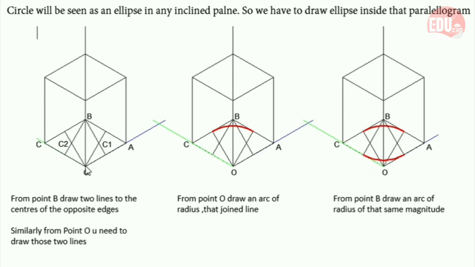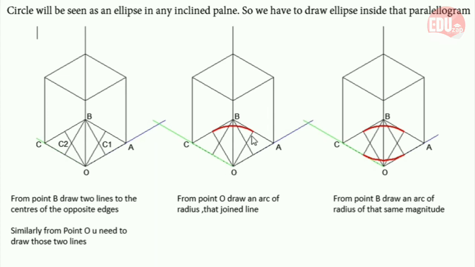With this point as center and this length as radius, you need to draw an arc. While doing that, you might experience some problems. Sometimes the curve will go out of this parallelogram. Otherwise, the curve won't touch this line. In that case, you just alter these centers.